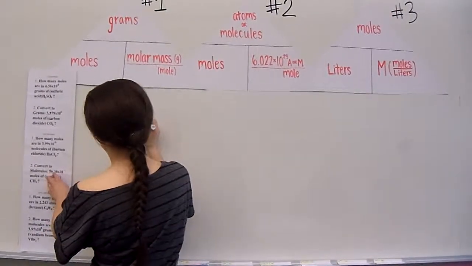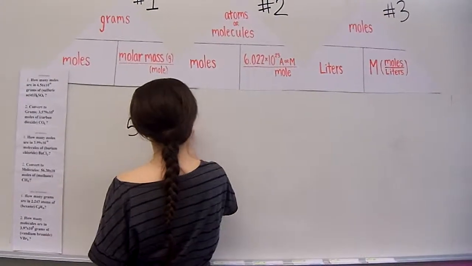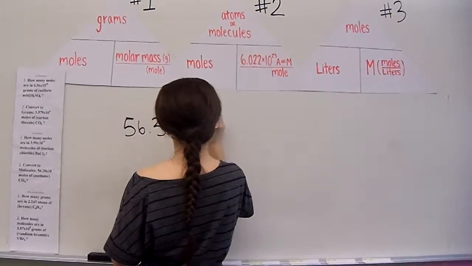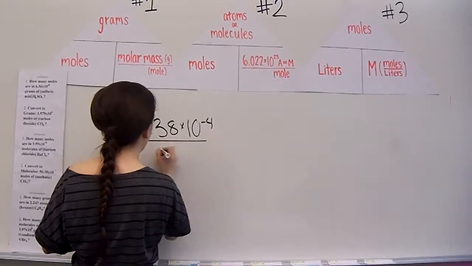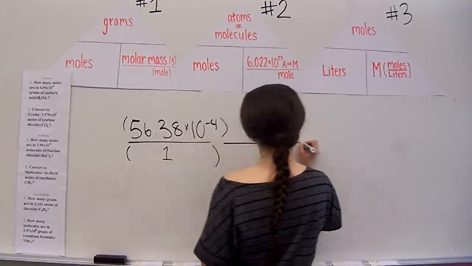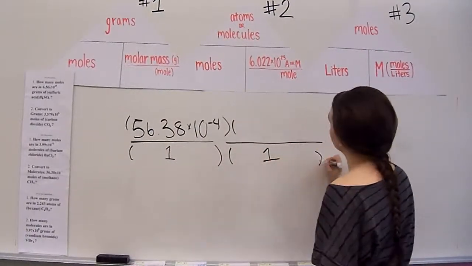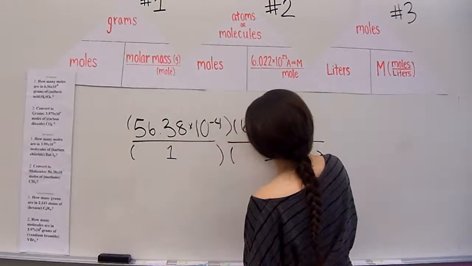So the moles that were given is 56.38 times 10 to the negative fourth. You can go ahead and put that over 1. And as I previously stated, we will be multiplying that by the given.